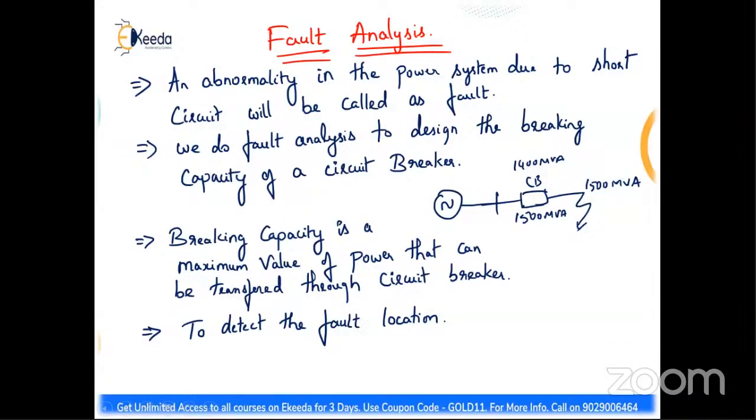What is a fault? An abnormality in the power system due to short circuit is called a fault. How can we analyze the fault? We can analyze the fault by designing the breaking capacity of a circuit breaker. Breaking capacity is nothing but the maximum value of power that can be transferred through the circuit breaker. This is how we have to analyze the fault.